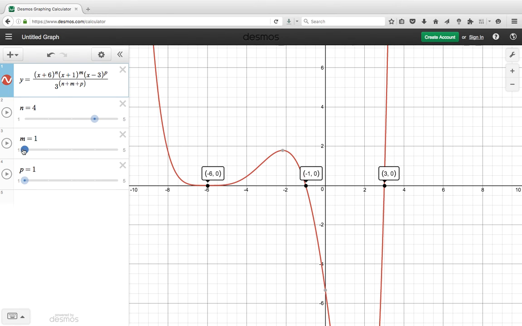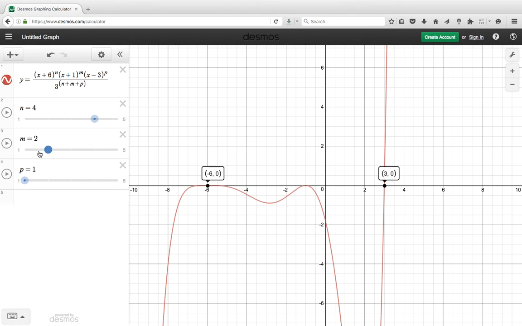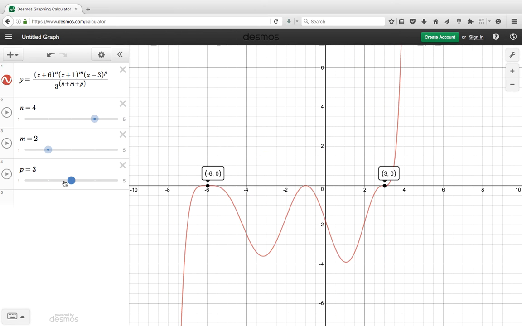What about if we change the second one? If I make the second one even, a multiplicity of 2, now it's bouncing and bouncing and then crossing because this one still has an odd multiplicity. If I increase this to 3, it'll still cross because it has an odd multiplicity.